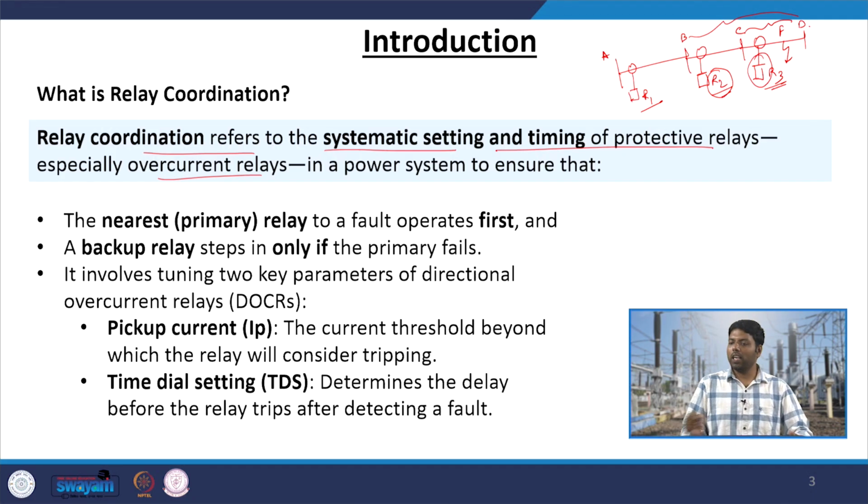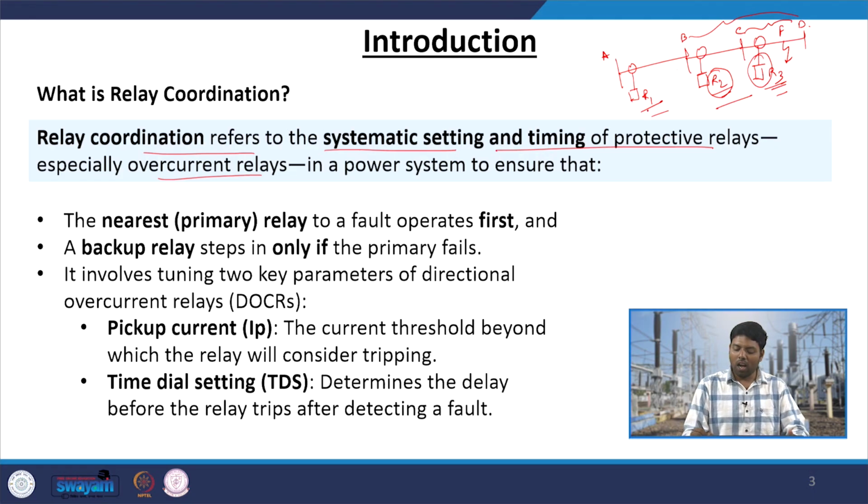But you do not expect R1, R2, R3 to operate simultaneously, because then all the AB, BC and CD sections would be disconnected from the supply, though AB and BC are healthy sections and only CD is the faulty section. You always expect that only CD will be disconnected, not AB and BC.